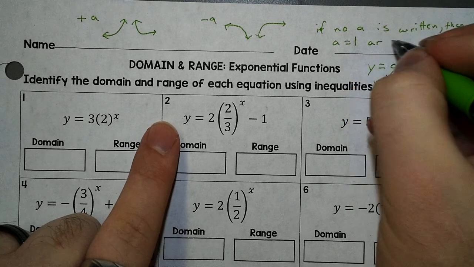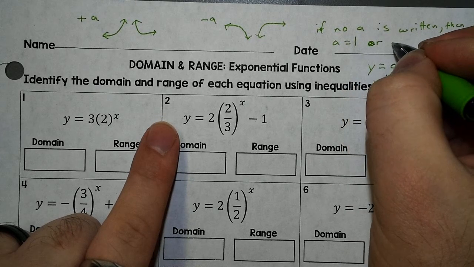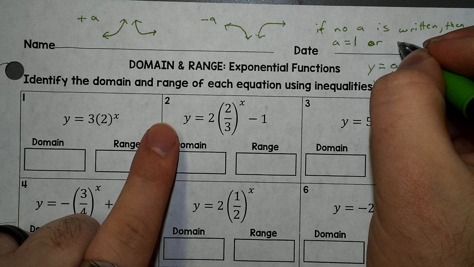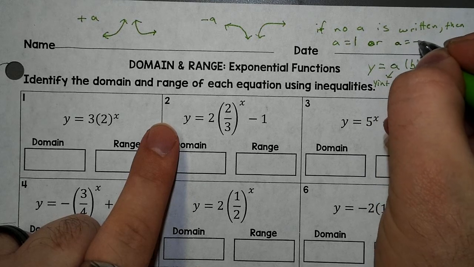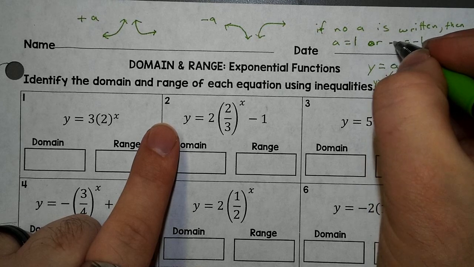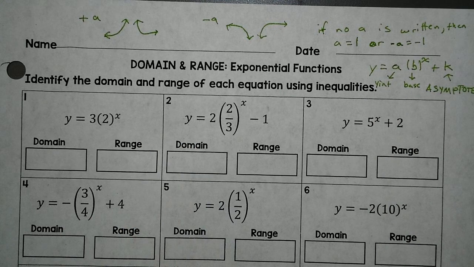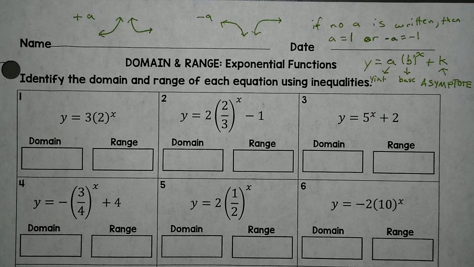Or if it was negative, it could be a is equal to negative 1 if it's listed as a negative a. But if there's no a listed, it's not going to be a 0, it's a 1. If there's no k listed, it's going to be a 0.